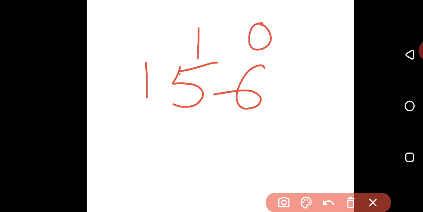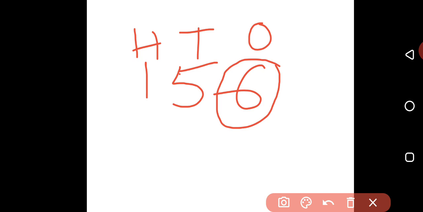I am writing a number: 156, with ones, tens, and hundreds places. We have seen what happens if the digit is 4 or less. But if the digit is 5 or more than 5, then what do I do? Here the digit in the ones place is more than 5. If it is 5 also, the same rule is applied.